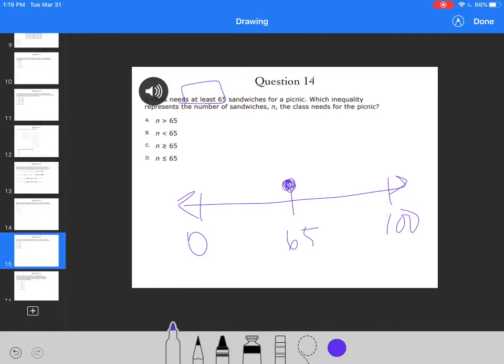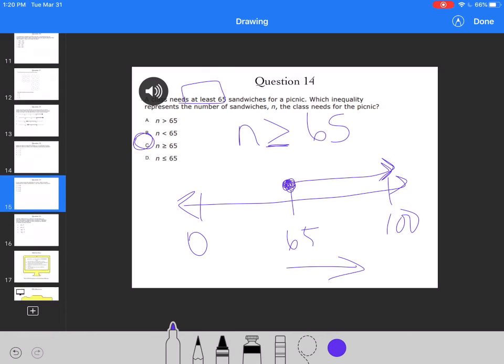At least 65 sandwiches. So that's the lowest number of sandwiches you can have. That means you could have more, you can't have less. So I'm going in this direction. So that means N has to be greater than or equal to, because it's a closed dot, 65. Remember, your inequality works as an arrow. It's kind of like a cheat. So you should have had C as your answer.